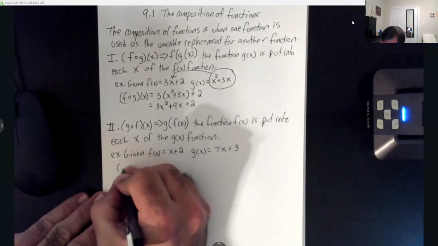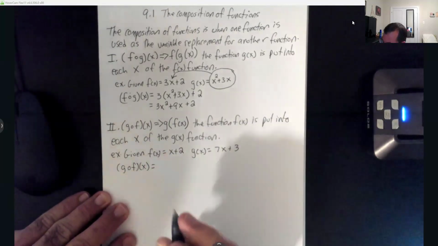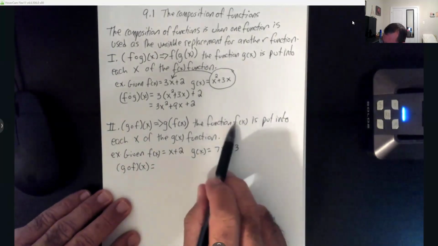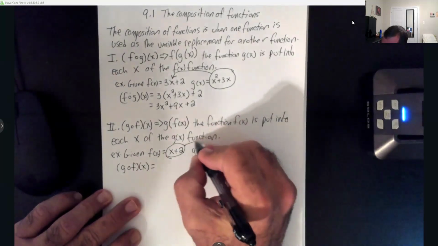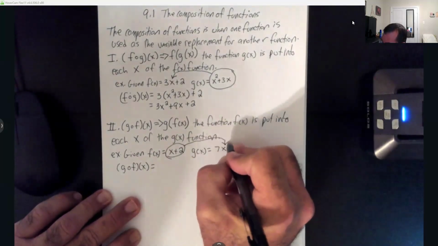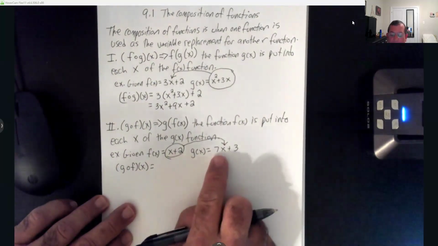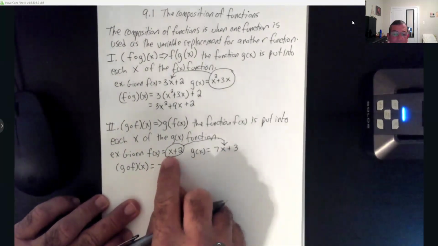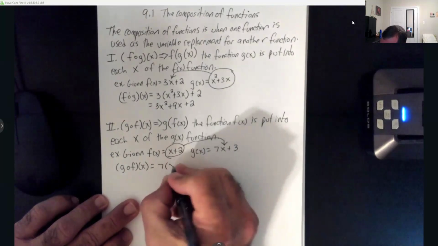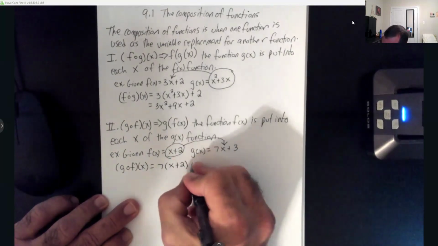So our g of f of x. So now remember, we said we're going to take the f of x, which is the x plus 2, and put it into the x's of the g. So that'll give me 7 times x. Well, x is now x plus 2. And then I still got my plus 3.